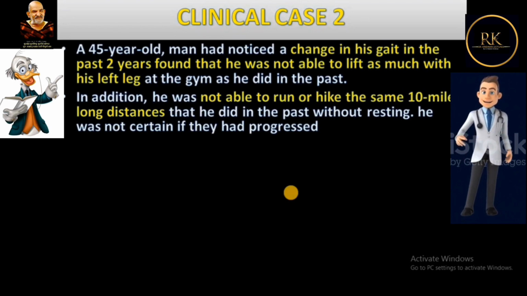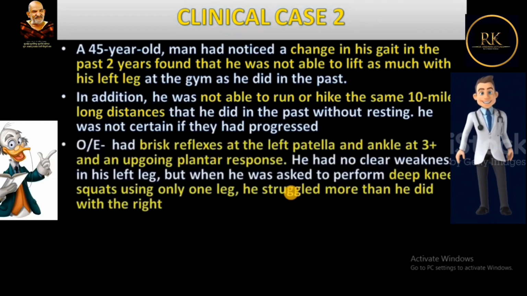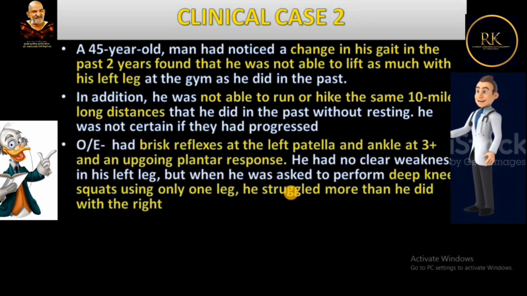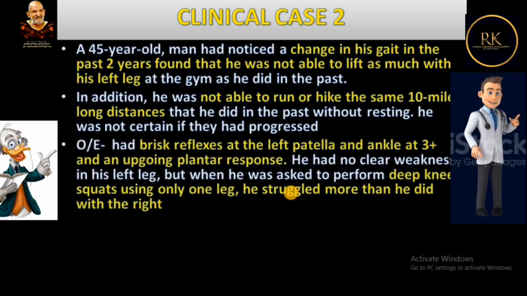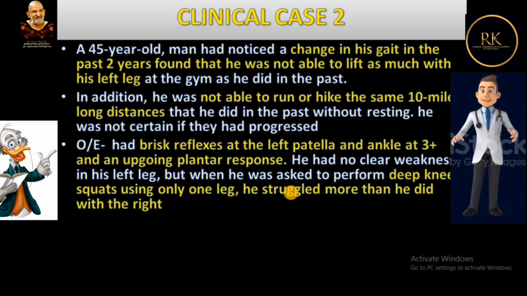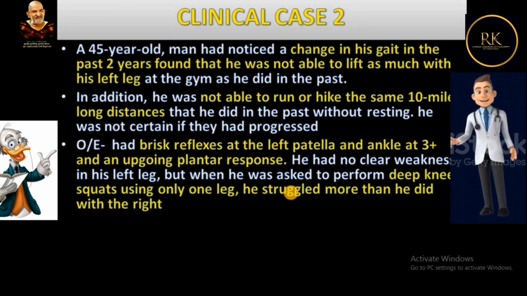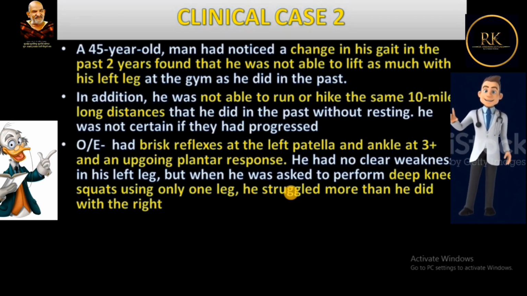On examination, he had reflexes at the left patella and ankles at 3+ and an upgoing plantar response. He had no clear weakness in his left leg, but when he was asked to perform a deep knee squat using one leg, he struggled more than he did with his right.